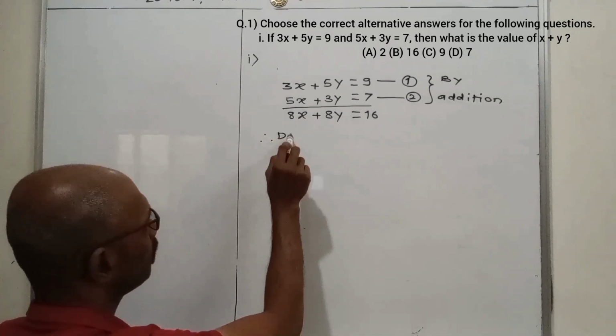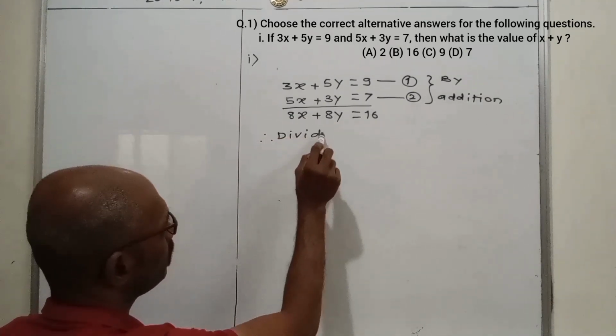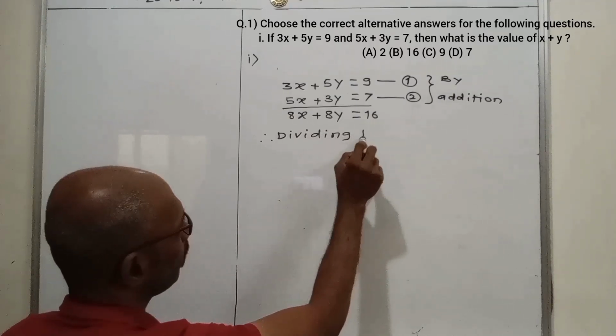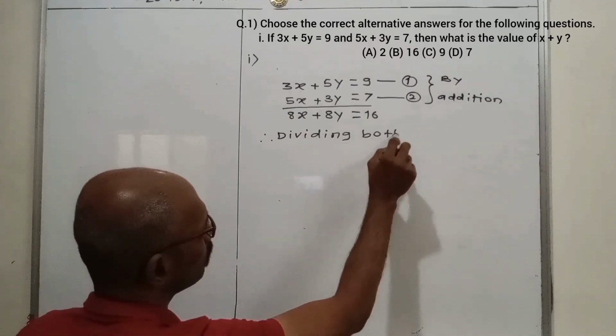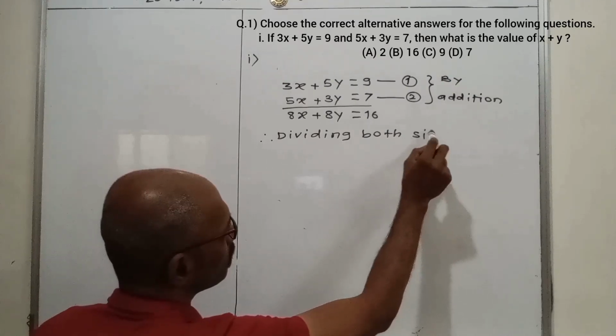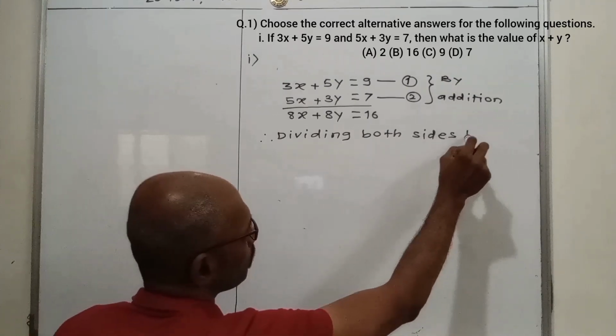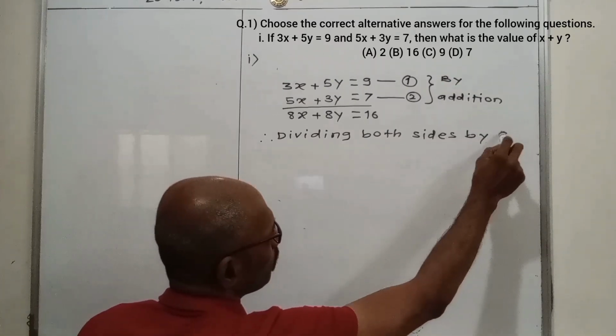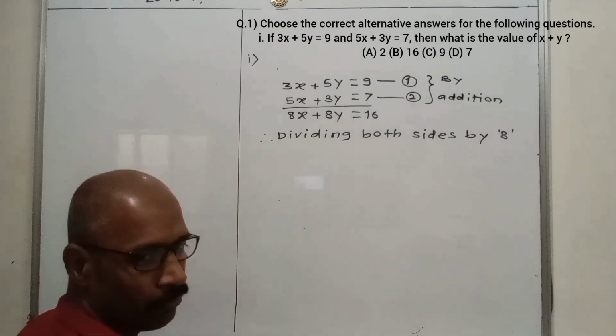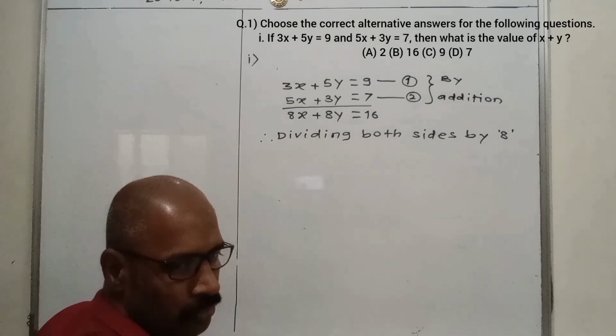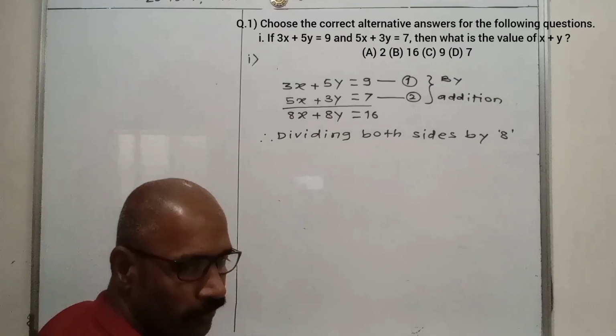Therefore, dividing both sides by 8. We want x plus y, no? We want the value of x plus y.